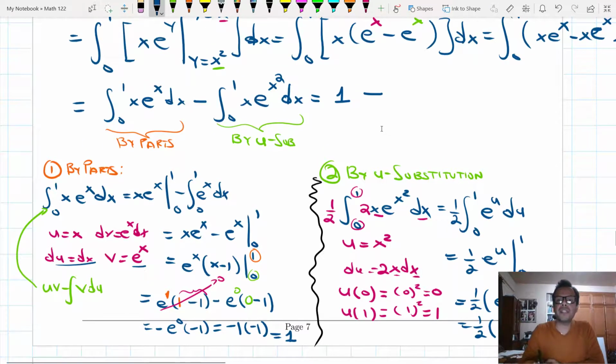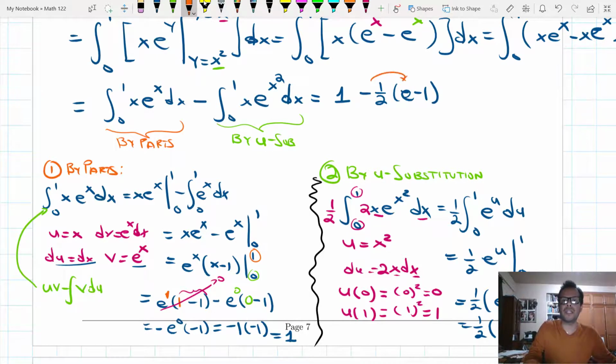Now let's go back here to 1 minus 1/2 times e minus 1. All right. And what am I going to do here? I'm going to distribute the negative 1/2 over the two terms to get the following: 1 minus 1/2 of e plus 1/2.